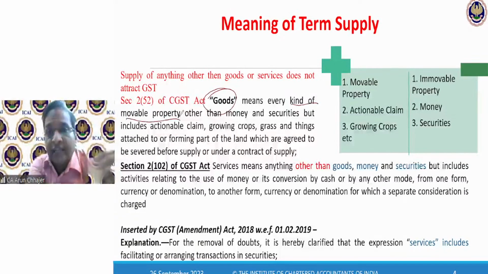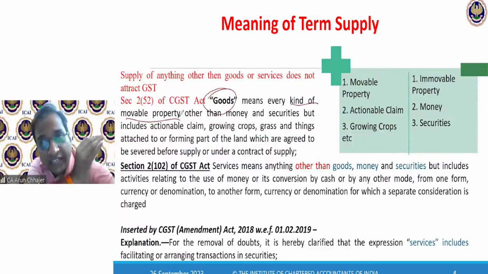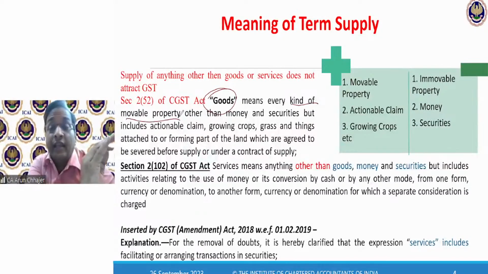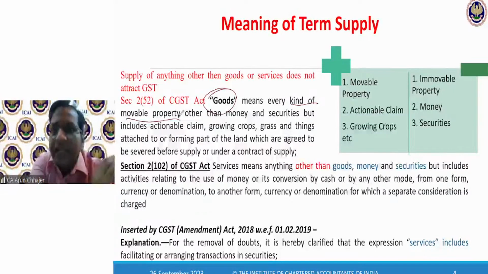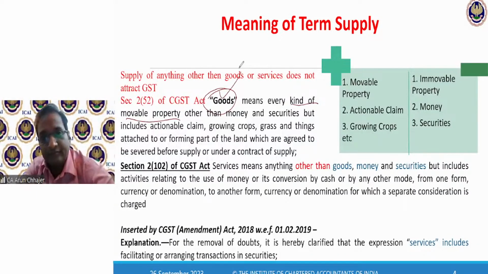By this line, we can conclude one thing, that if I sell immovable property, if I sell my land, then GST can't be levied by saying goods. If I am supplying any immovable property, can it be supply of goods? Answer is 100% no.